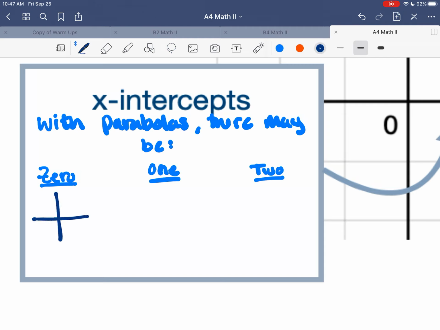If there are no x-intercepts, the parabola is just above the x-axis like this, where it never dips below the x-axis.